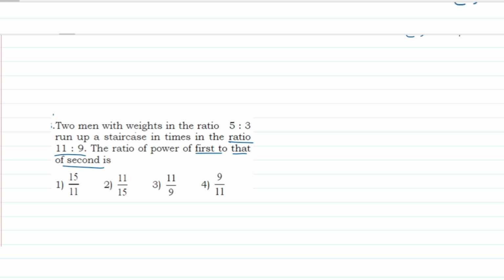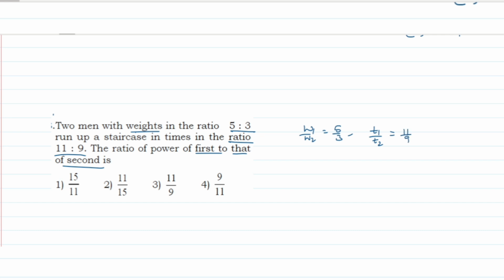So the weights ratio is given as 5:3, and they are moving in time intervals T1 by T2 in the ratio 11:9.